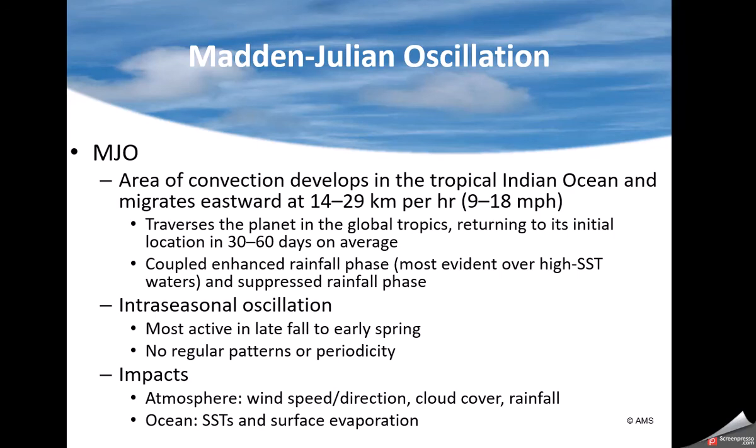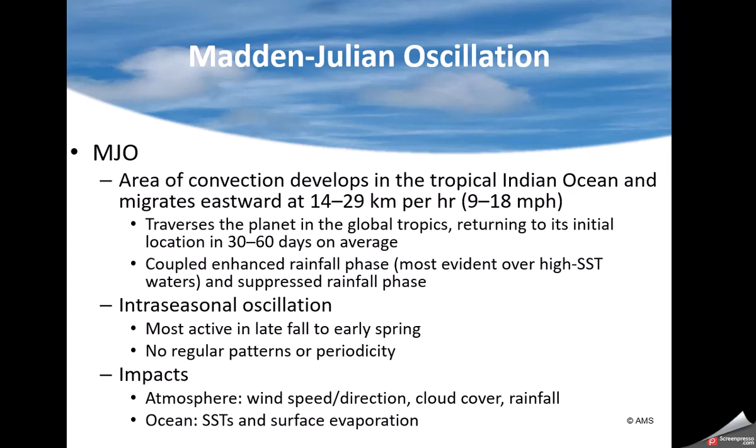Madden-Julian oscillation. There are strong thunderstorms that form over the Indian Ocean. When they do, it kind of almost like jerks the atmosphere, you'll say. And when it does that, it triggers waves in the atmosphere that literally circle the globe in 30 to 60 days. And depending on where they are around the globe, they have an impact on weather.